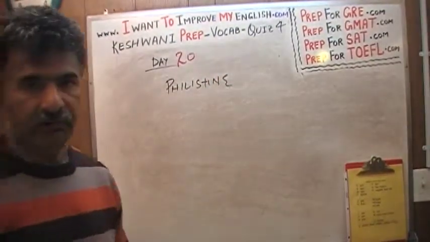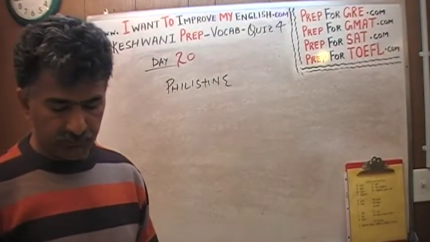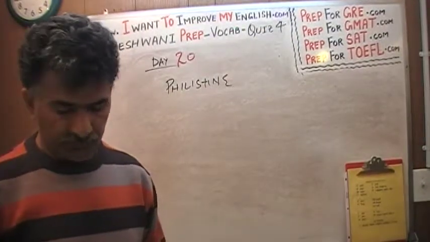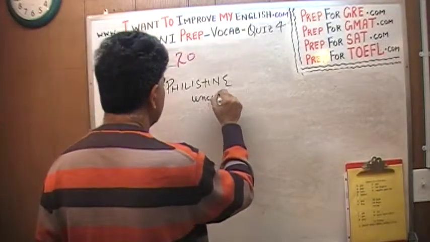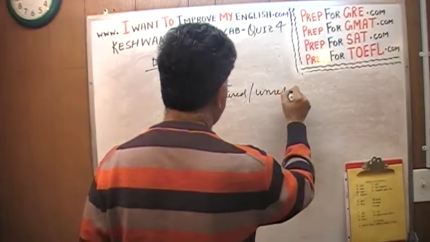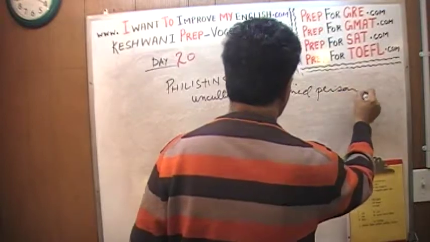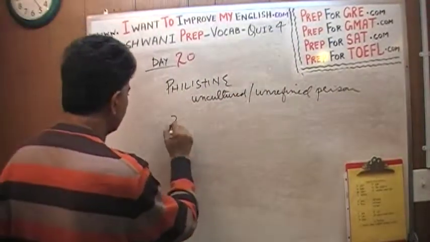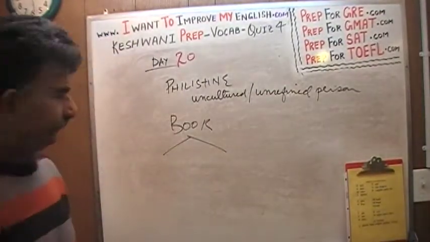A Philistine is an uncultured person, an unrefined person, a person with poor manners, a person who does not have appreciation for arts and music and so forth, a person who is not into high culture. After that, we learned the word boor, which literally means a peasant.